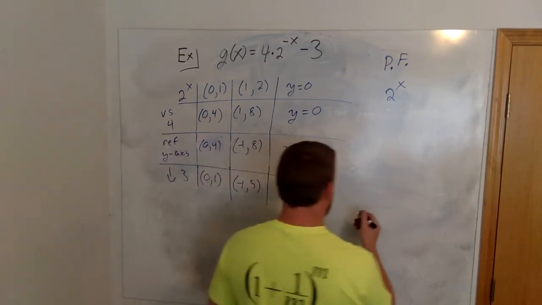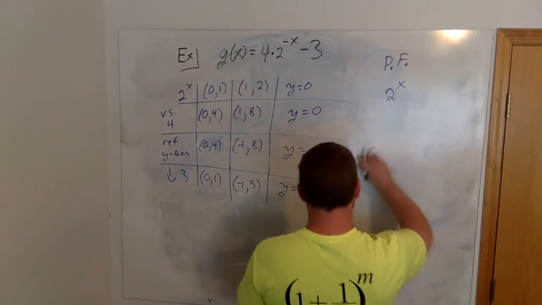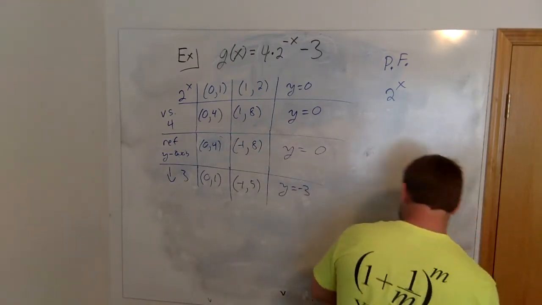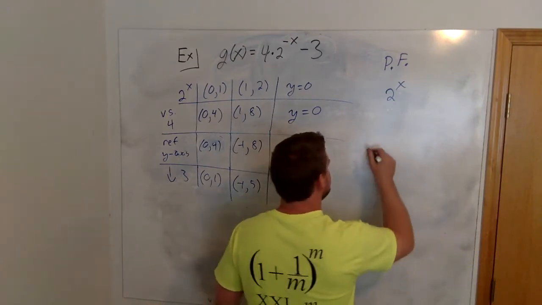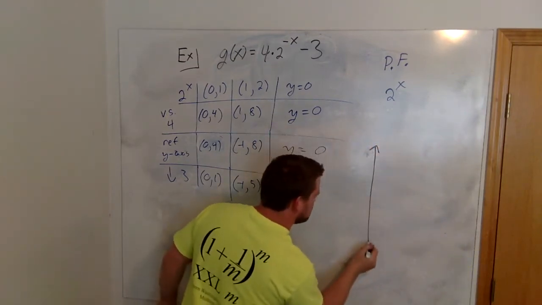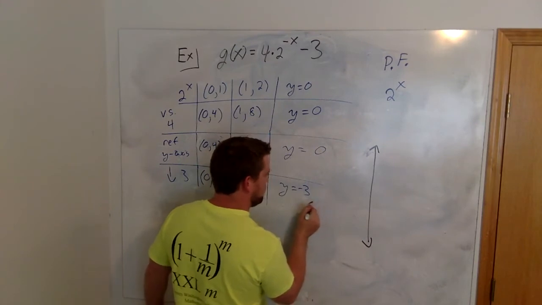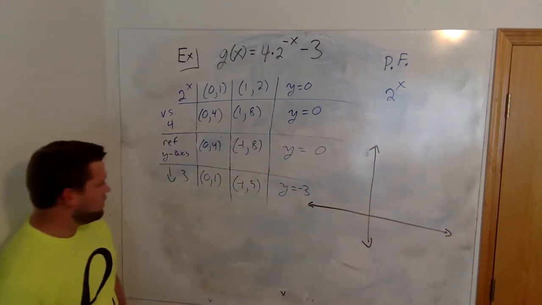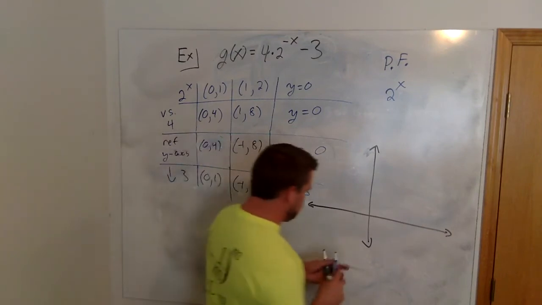Okay, let's draw a loose sketch of this. Running out of good black markers. We have our horizontal asymptote at y equals negative 3.